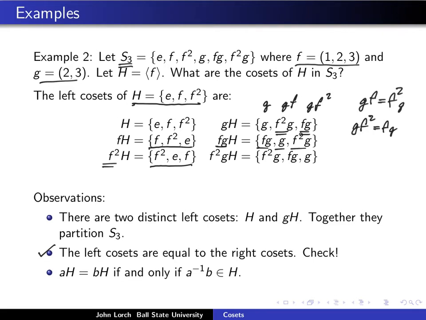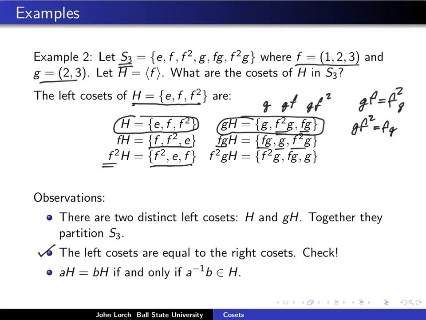Okay, and that was similar to something that happened on the previous slide. And now in the first bullet point, again, you might notice that we have 6 left cosets, but really if we're just looking at distinct sets, we have this one and that one. So there are really only 2 distinct cosets.